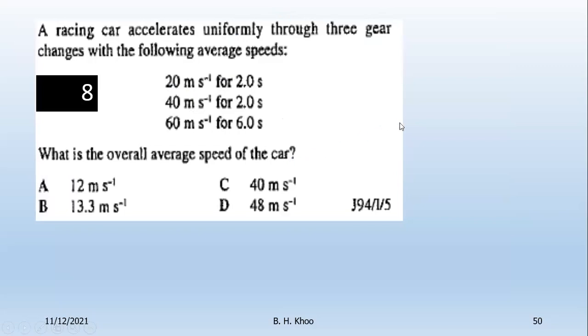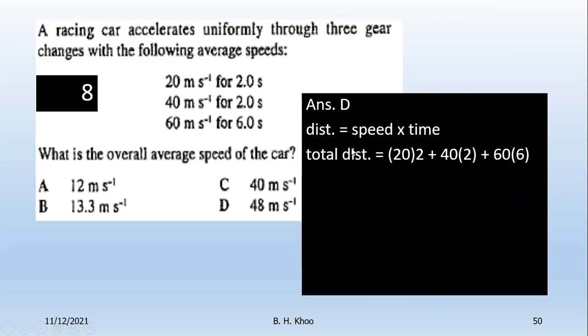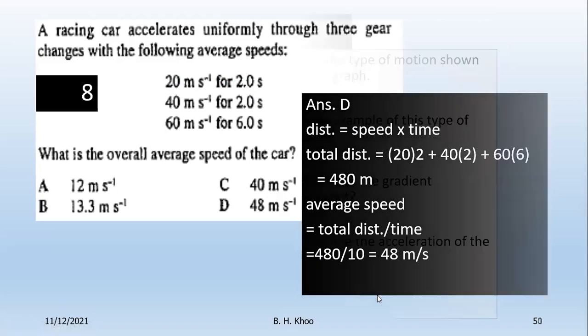So we have to find the total distance it has traveled. Distance is speed times time. 20 times 2, 40 times 2, 60 times 6. Total distance is 480. Total time is 2 plus 2 is 4, 4 plus 6 is 10. It's 48 meters per second.